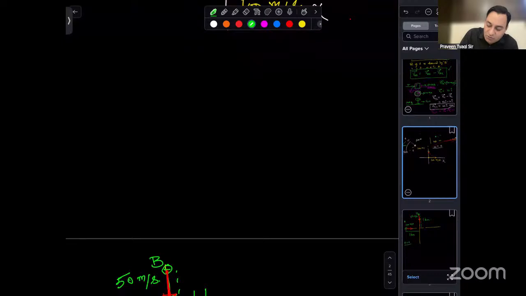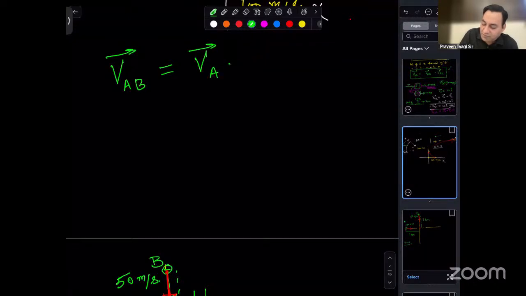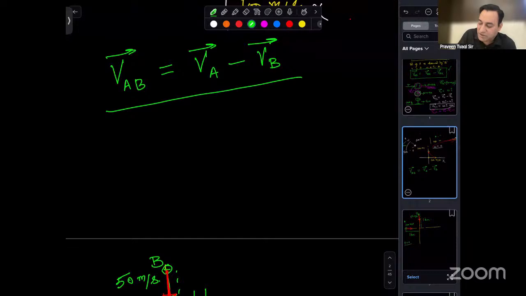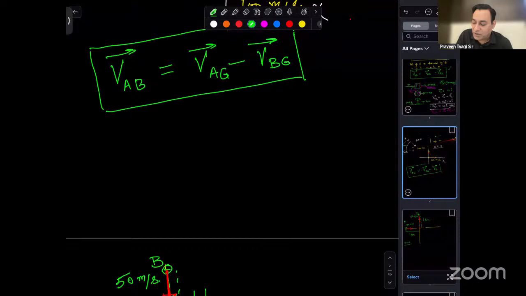If there are two bodies and you want to understand the velocity of A as observed by B, it will always be equal to velocity of A minus velocity of B. Please understand this one equation. This is full relative velocity. And if nothing is mentioned, this is velocity of A relative to the ground.